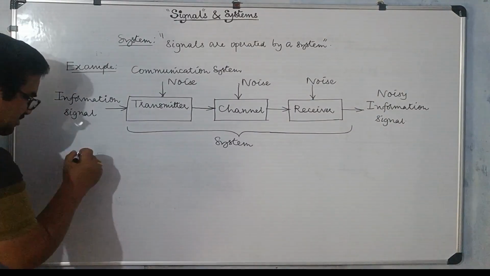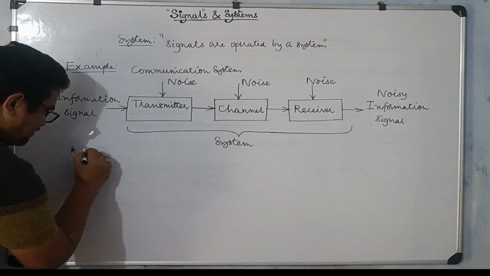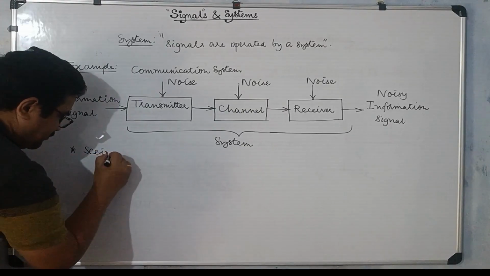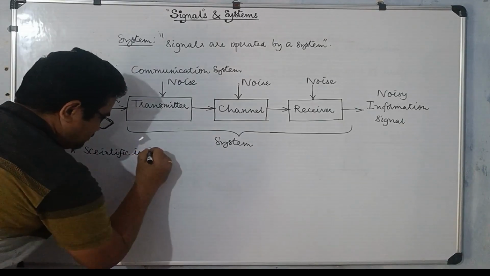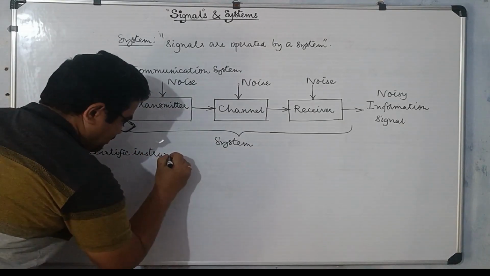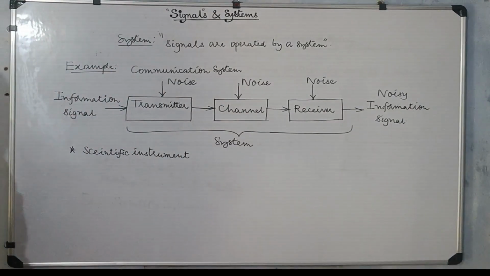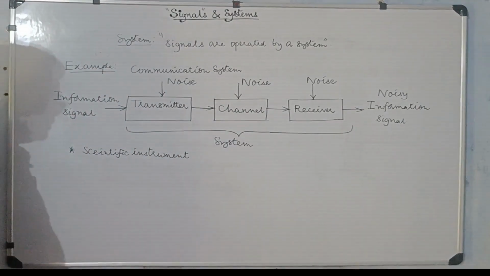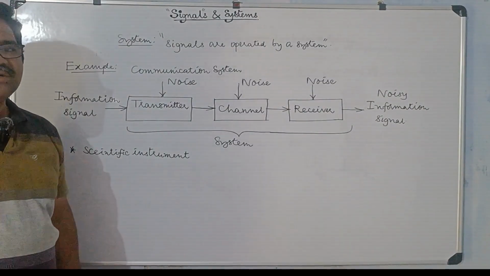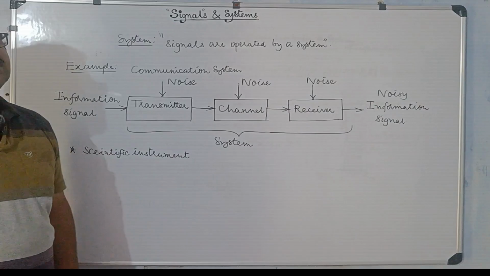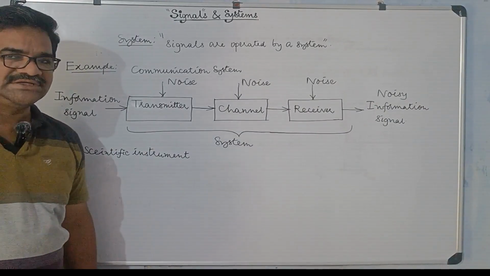So we can give additional examples, like scientific instruments. A scientific instrument is also a system. What is my scientific instrument doing? It is measuring certain parameters like temperature or humidity or pressure and so on, and it is converting that parameter into some voltage signal or current signal.